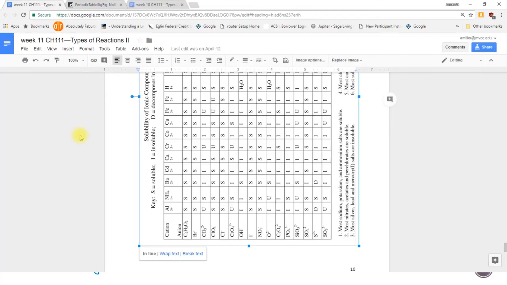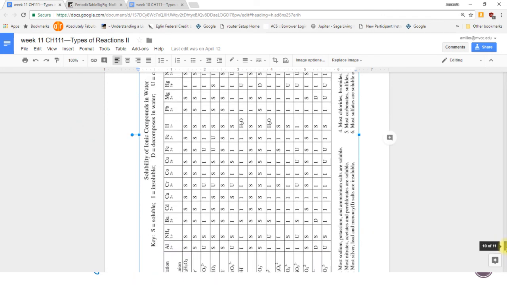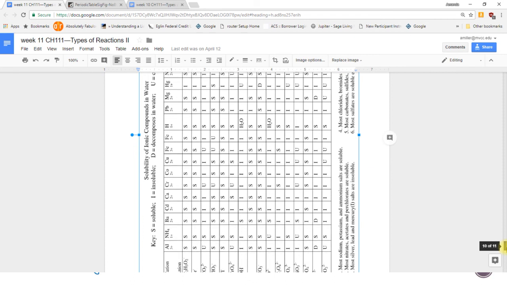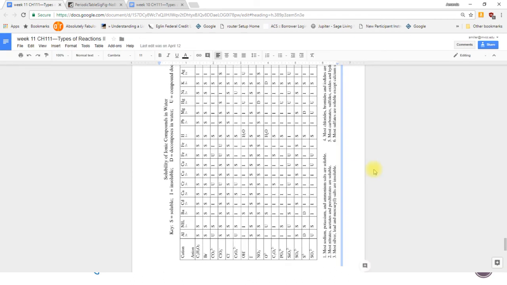So I'm going to see what happens when I look at the chart for silver and nitrate. Okay, so the negative charges are here. So nitrate is this line, and the silver is a little bit higher up. So it's just easier to see if you have a printed version of it. Okay, I had to zoom out pretty far in order for you to see this, but on your printed copy it's a little easier.